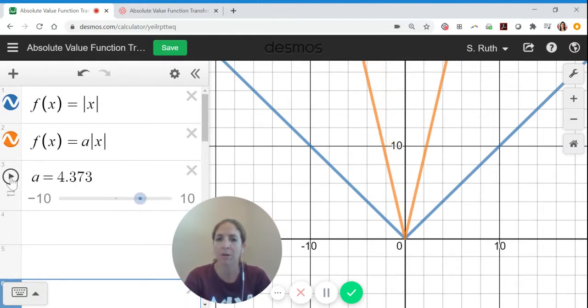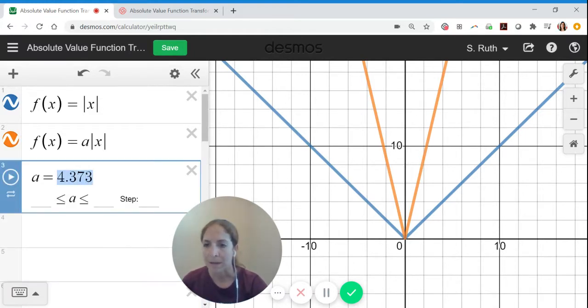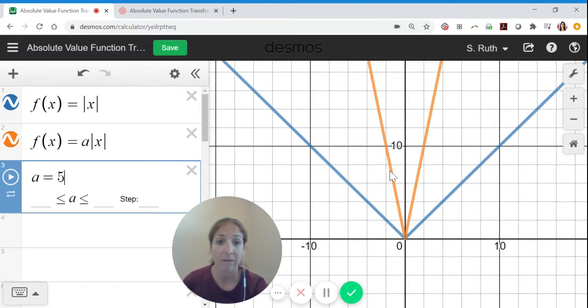But I think we could agree that A definitely is adjusting the shape of the graph. So unlike the horizontal or vertical shifts where the graph V shape just was moving around, now the V shape is actually adjusting in its wideness or narrowness, right? So at the current snapshot where I paused A, I'll just make it a nice whole number. A is 5, right?